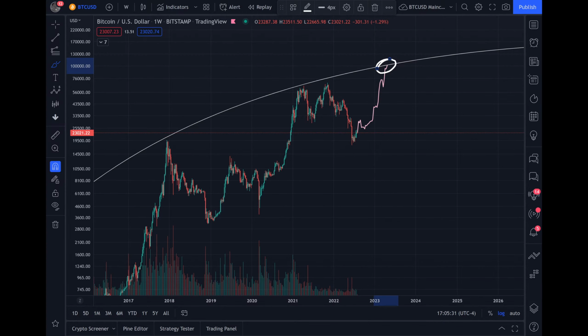So it's very likely that once we do hit 100K, we will reject. Now, question is, how will we reject? I do believe that for multiple reasons. One being that it's a strong psychological resistance, right? 100K for a long time with people not even being able to chart. It just represents another sphere of influence, of achievement for Bitcoin's price action, right?